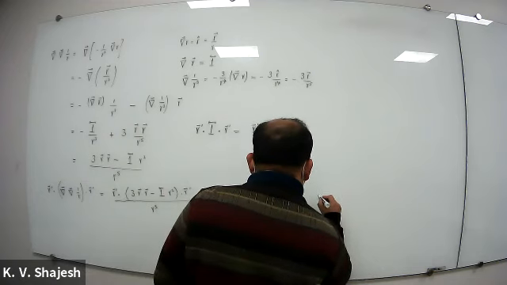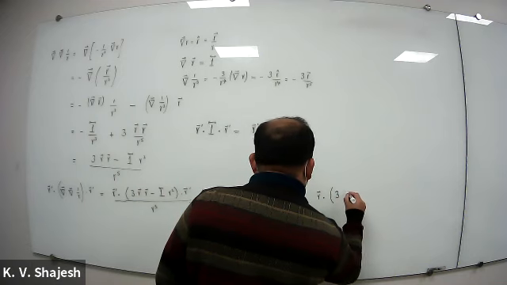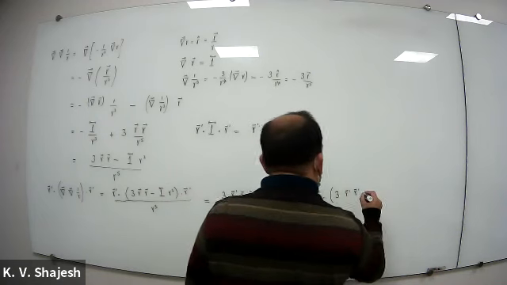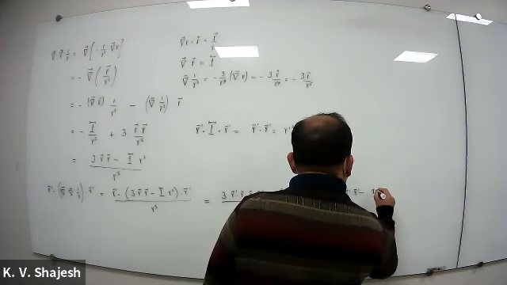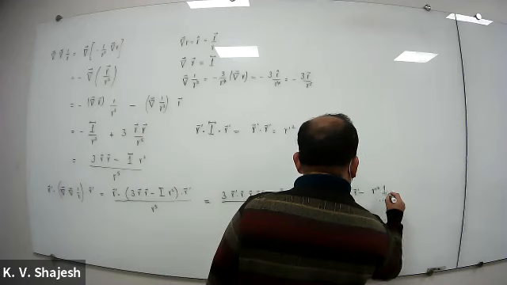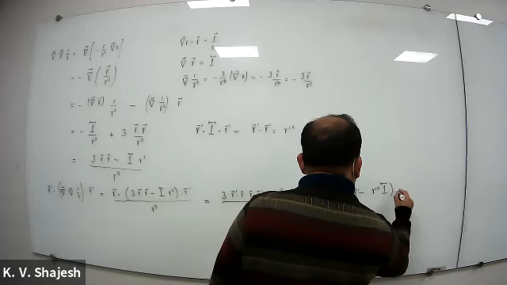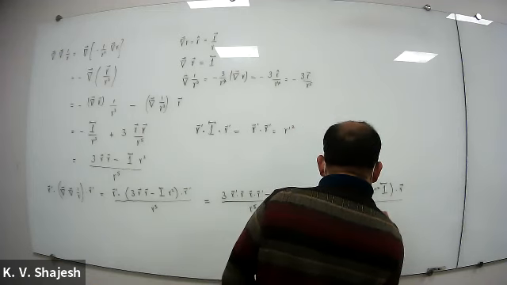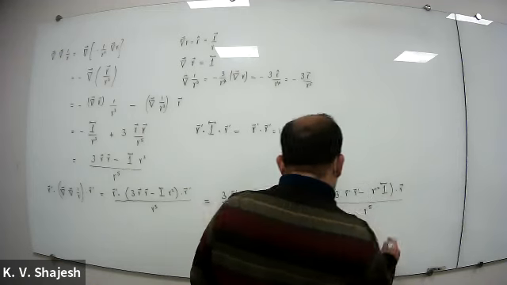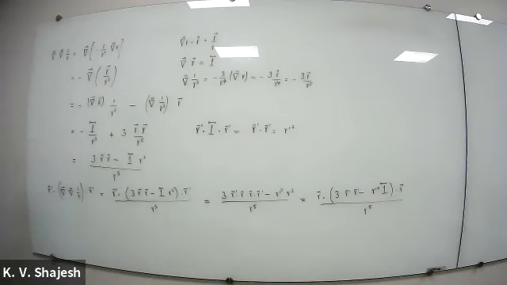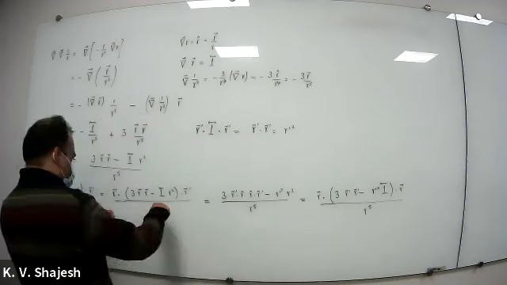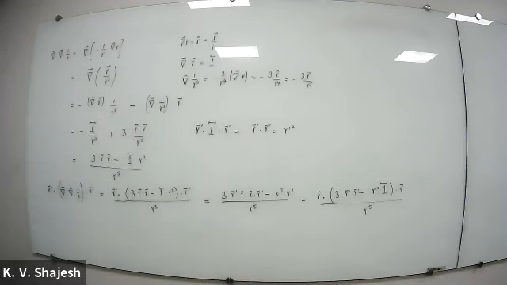This is r dotted with 3 times r prime r prime minus r prime square times 1 dotted with r. Slight difference between these two, notice. In this case, r's are pulled out. In this case, r primes are pulled out.